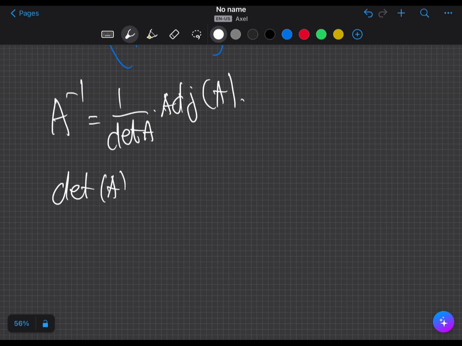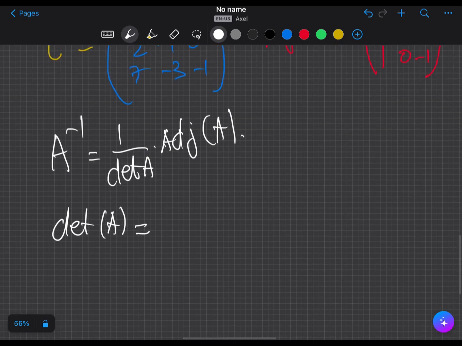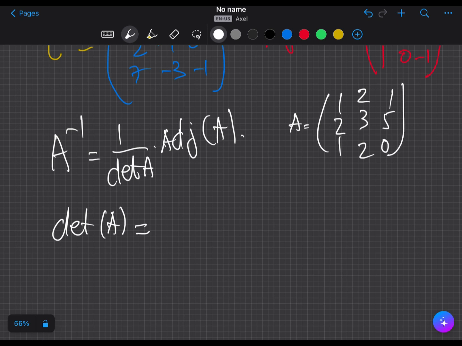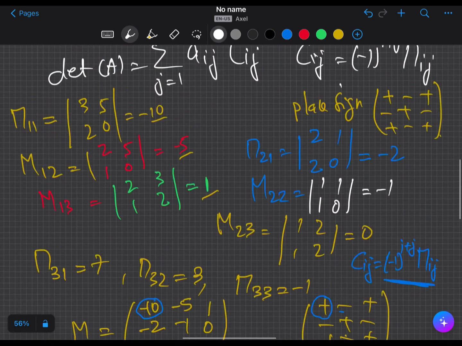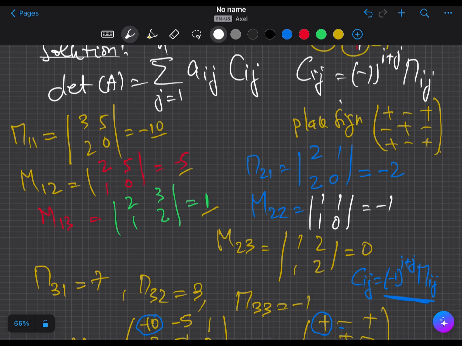The determinant will use the elements of A, right? And then we have 1, 2, 1, and we have 5.